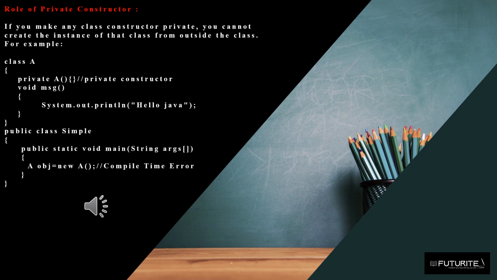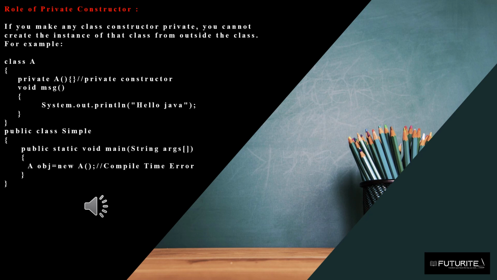So here you see there are two classes, class A and class simple. In class simple we are creating an object named OBJ of class A, and in class A we have defined a private constructor, that is a private default constructor. Why default constructor? Because this constructor doesn't contain any parameters, and a constructor which doesn't contain any parameters is considered a default constructor.